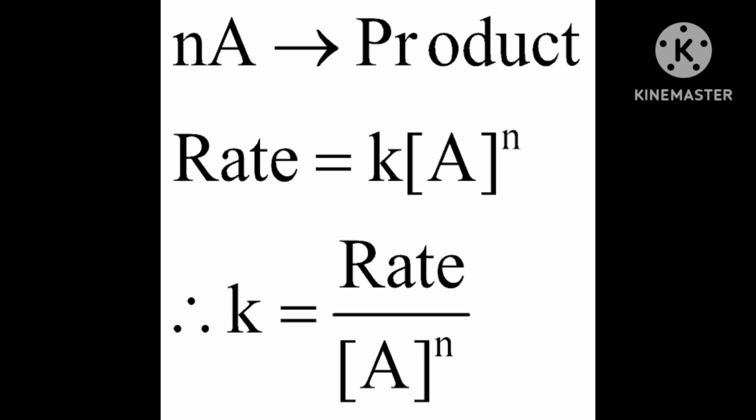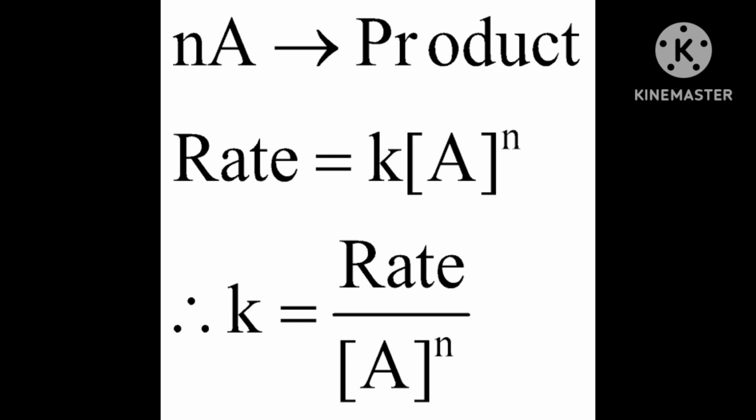From 50 to 100 seconds, the value will come 1.70. From 100 to 150 you will get 1.58. Then 150 to 200 you will get 1.40, because you just have to find the difference in molar concentration.